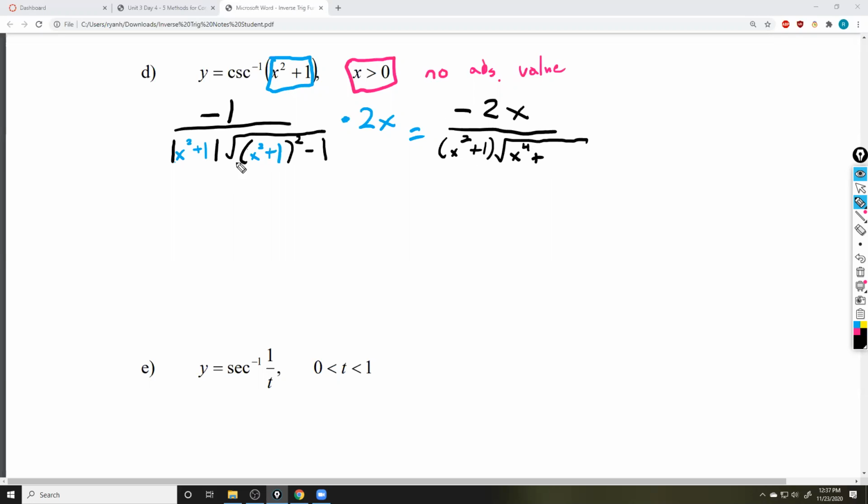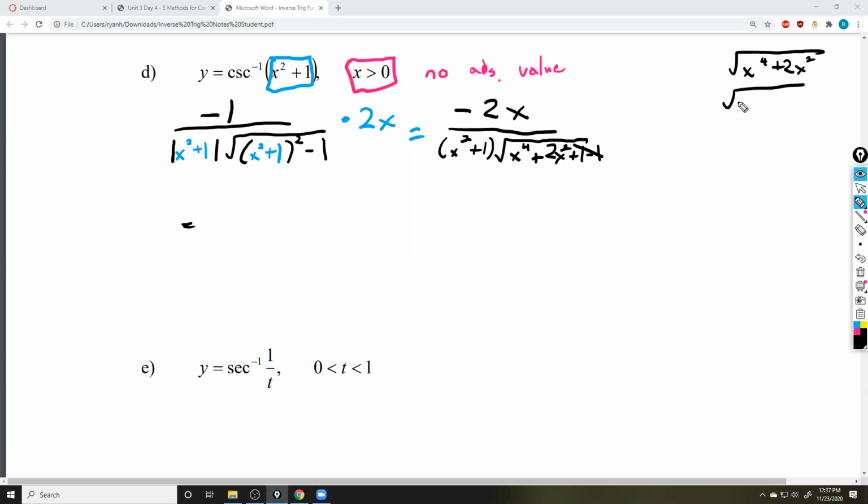This is expanding out x squared plus 1 plus 2x squared plus 1 minus 1. Oh, those cancel. So let me write this off to the side. So x to the 4th plus 2x squared. That's what we have because we canceled out the plus 1 and minus 1.